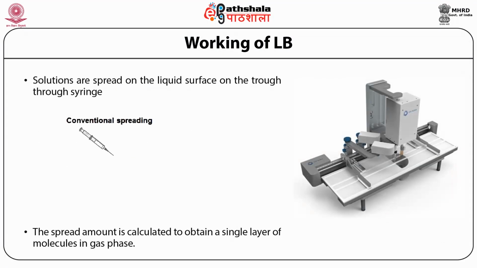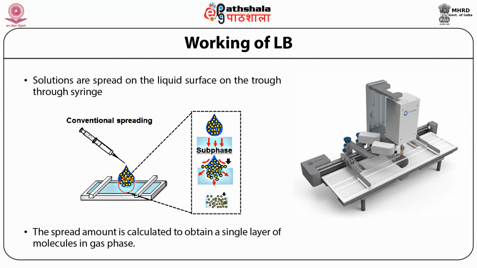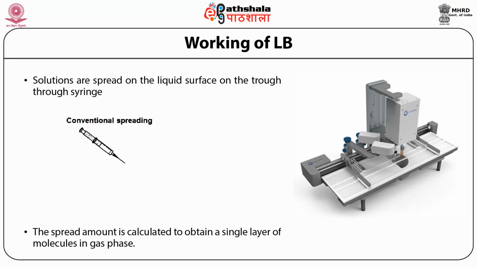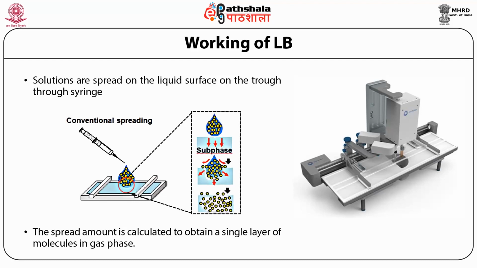In this slide we are demonstrating the working of the Langmuir-Blodgett system. Solutions are prepared and spread on the liquid surface in the trough through a syringe, as shown in the left hand side diagram. We prepared the solution already, and there is water in this trough, and there are two barriers there.